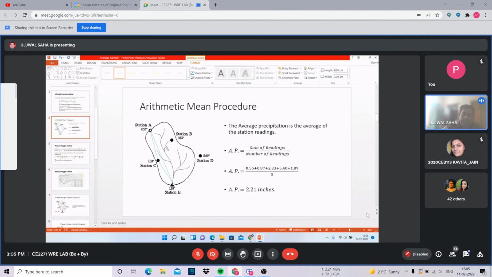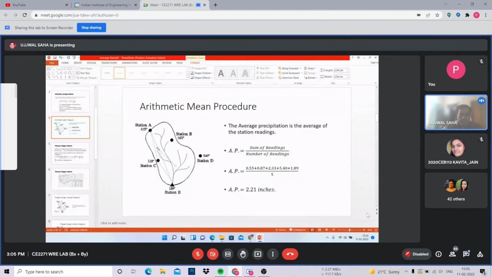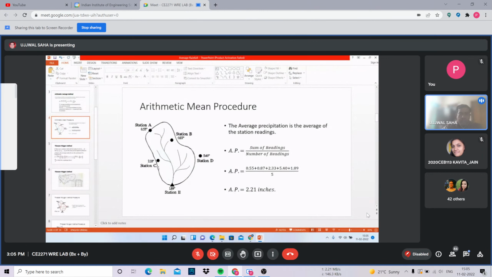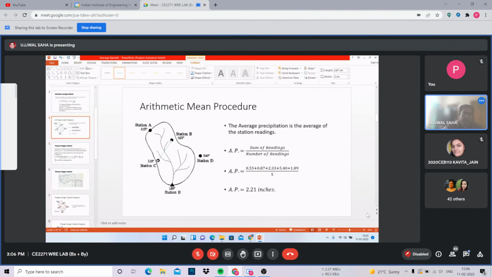Suppose it can be shown here that these four stations are there. Okay, let us delete all these lines now. Suppose we have stations B, C, D, E. In which different ways can we join these stations to form triangles? One way is like this.